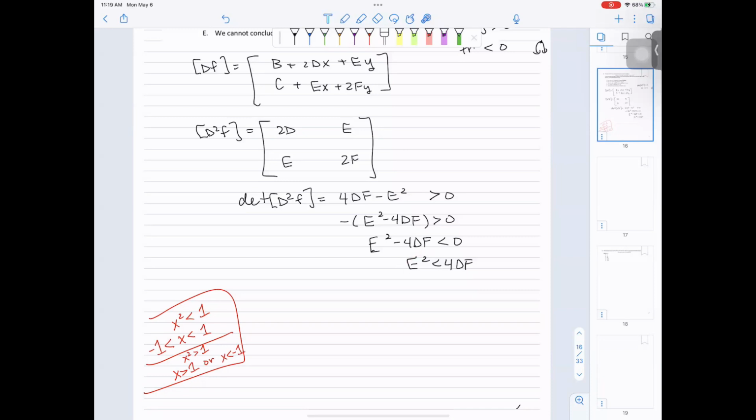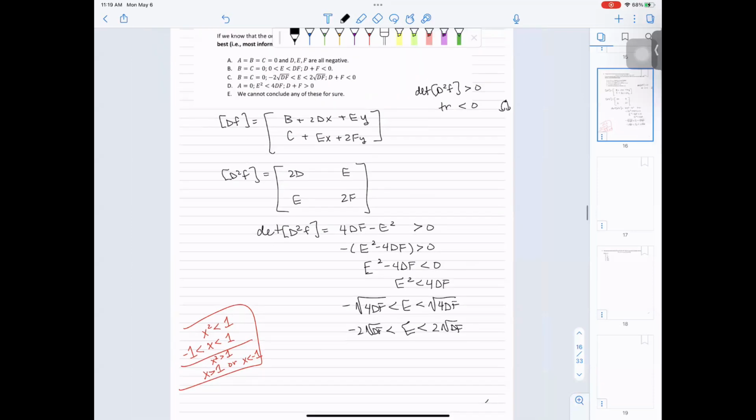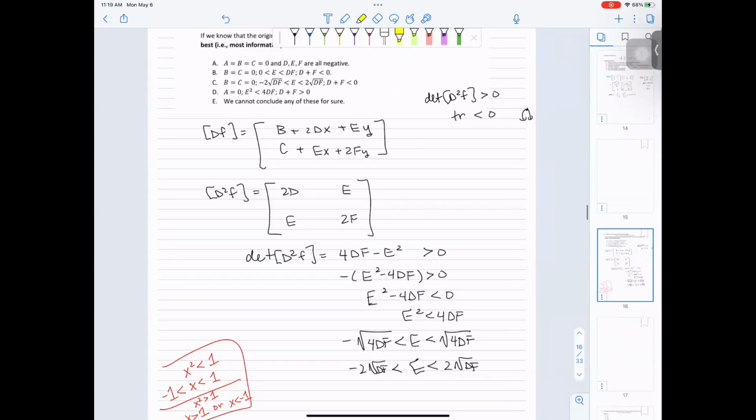So because we have something less than this, I can use this first way. So e is less than the square root of 4df, and it's greater than the negative of the square root of 4df. In other words, it's less than 2 square root df and greater than -2 square root df. So I already see that option here.